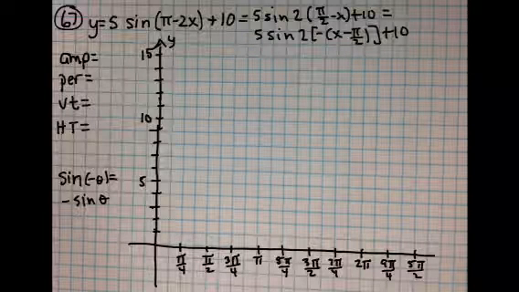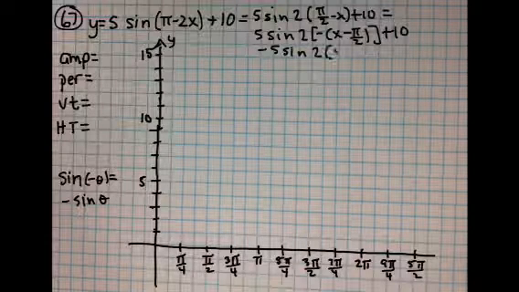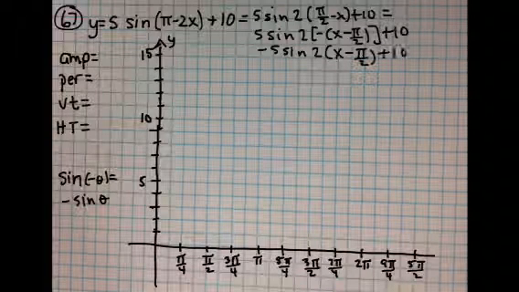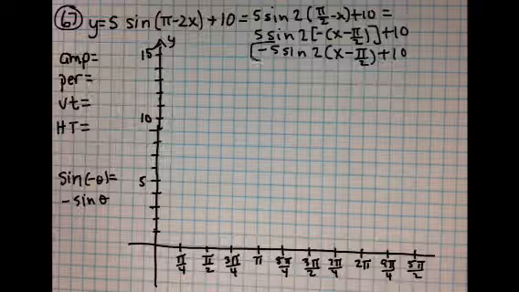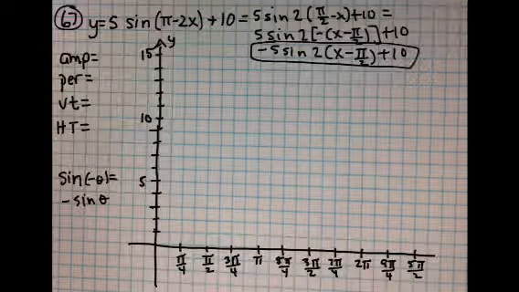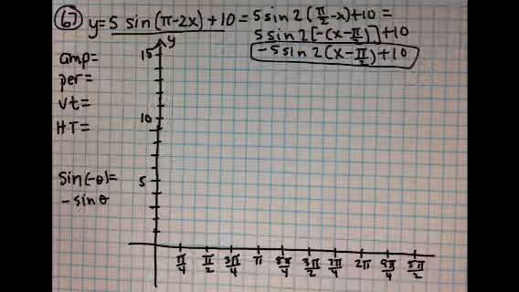So we're going to have negative 5 sine of 2x minus pi over 2 plus 10. So this is the one we're going to graph. Okay, so this equation that I enclosed is the same as the original. So it's going to be a 5 with a reflection.